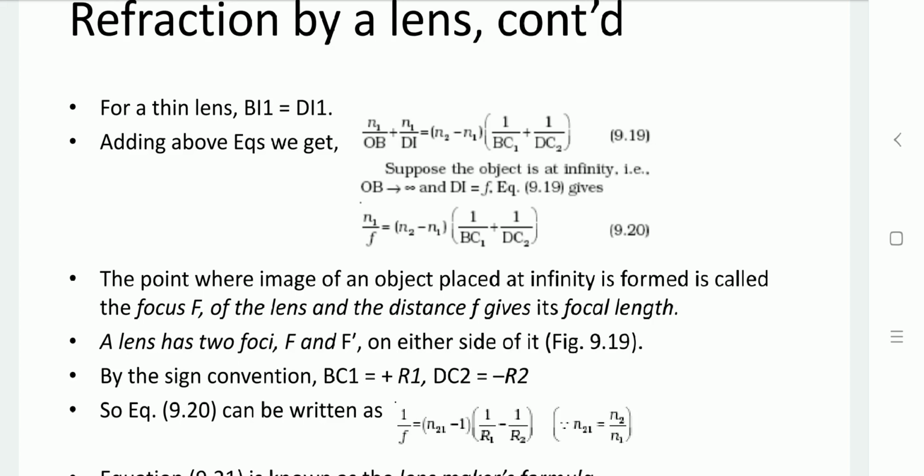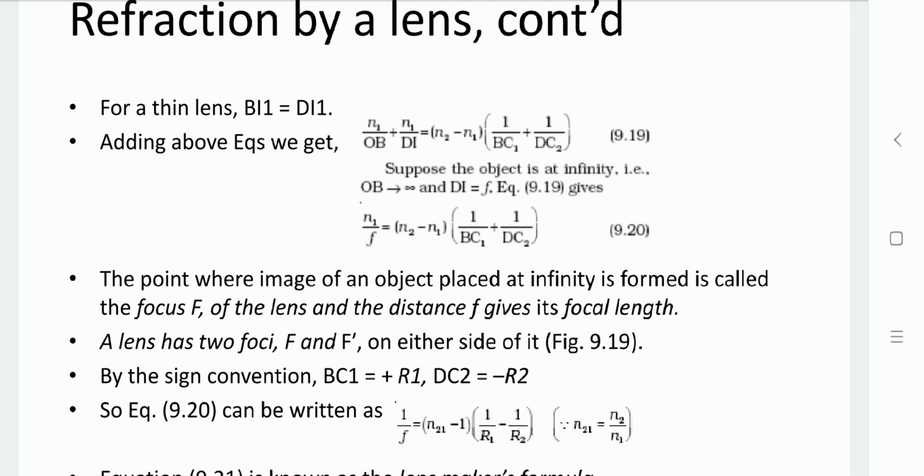Here the lens has two foci, f and f dash. Here we can write that BC1 is plus R1 by the sign convention, DC2 equal to minus R2, and place these values in the above equation 9.20.